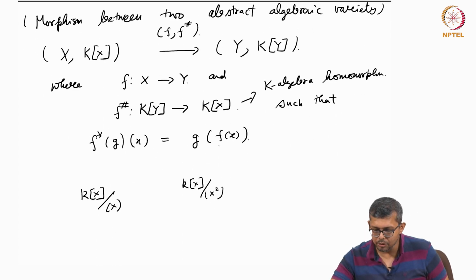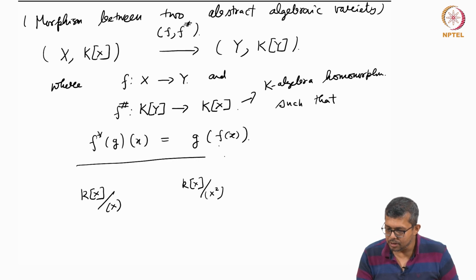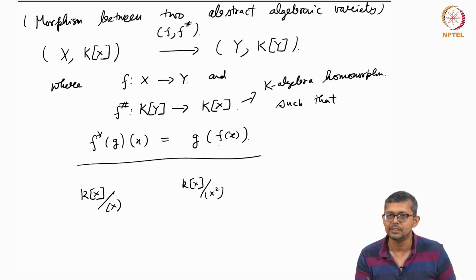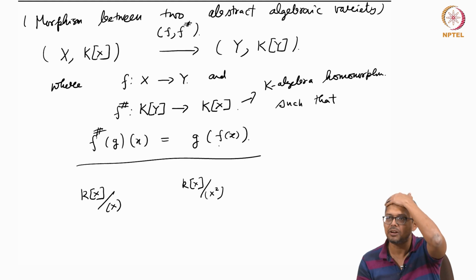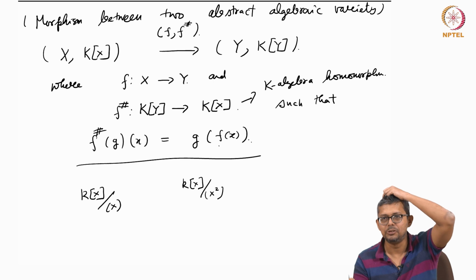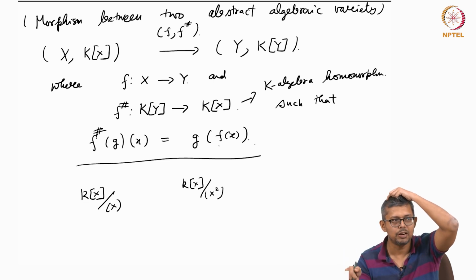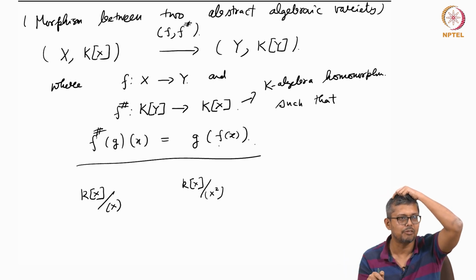Now you see in this definition, this f and f hash are interrelated. They are not very different from each other, because when you define f hash, you are using f, or when you are defining f, you are using f hash.